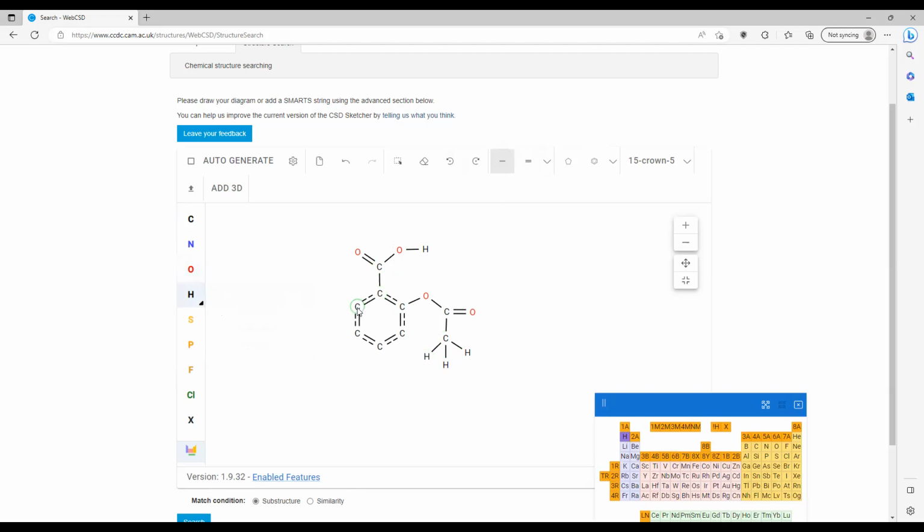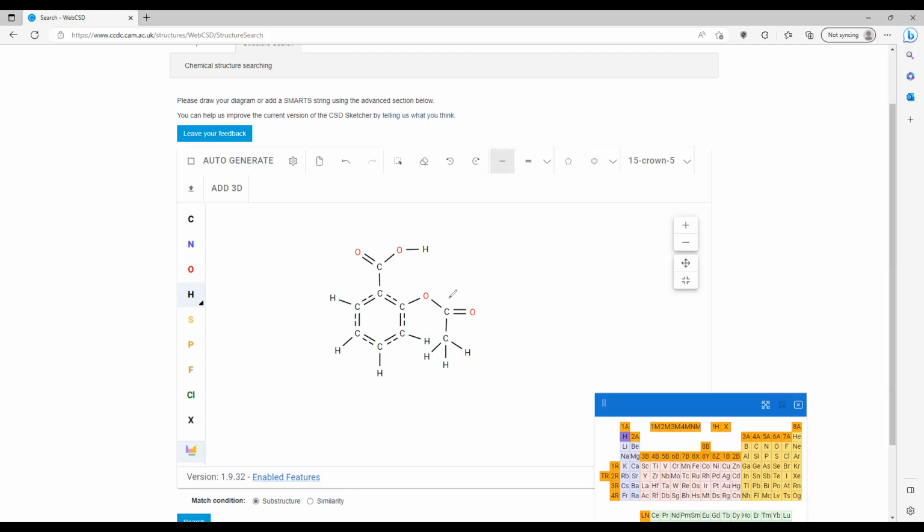Lastly, to minimize the number of results hits that we get, we want to put the hydrogens on these carbon atoms. And so this is what your molecule of acetylsalicylic acid should look like.